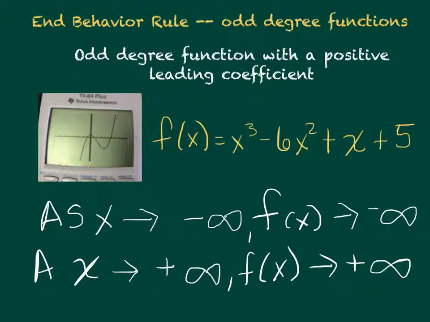So as x goes to negative infinity, f of x goes to negative infinity. As x goes to positive infinity, f of x goes to positive infinity. So for the odd degree functions, x goes negative, the output goes negative; x goes positive, the output goes positive.